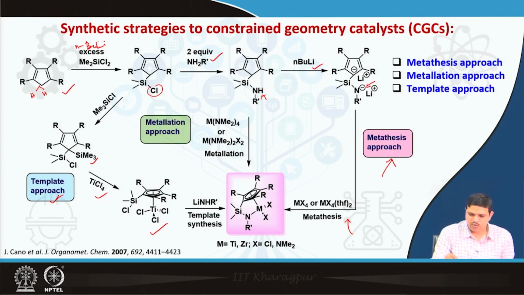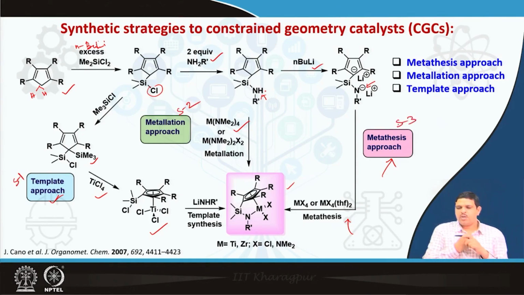Here you will get this one, and then you are using tetrakis(dimethylamino) titanium or zirconium, and you will get the direct metallation. So here you will see three strategies: strategy 1, strategy 2, and strategy 3.